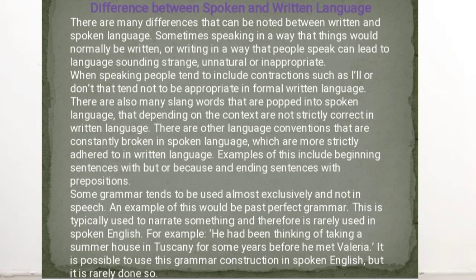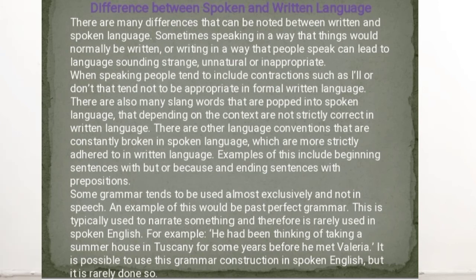When speaking, people tend to include contractions such as I'll and don't that tend not to be appropriate in formal written language. There are also many slang words that are popped into spoken language that, depending on the context, are not strictly correct in written language.